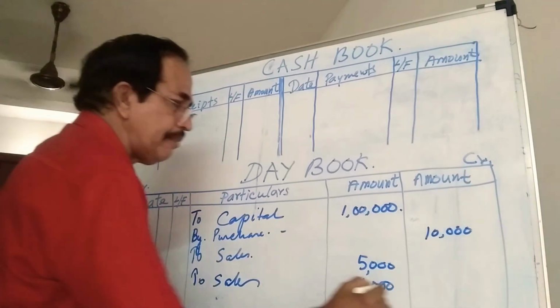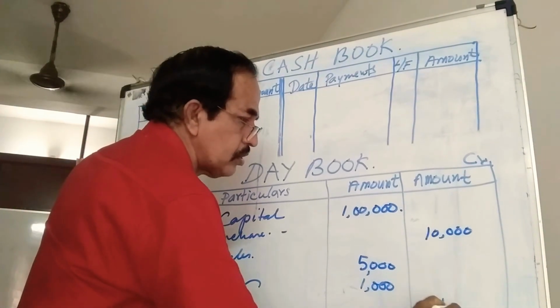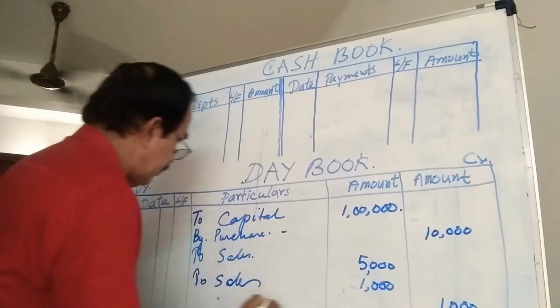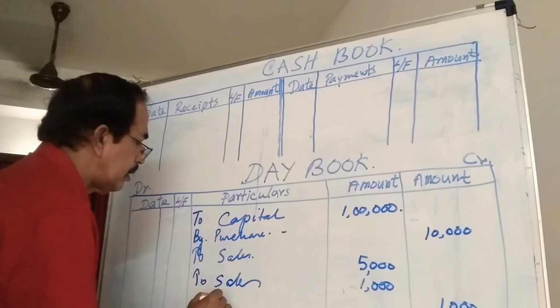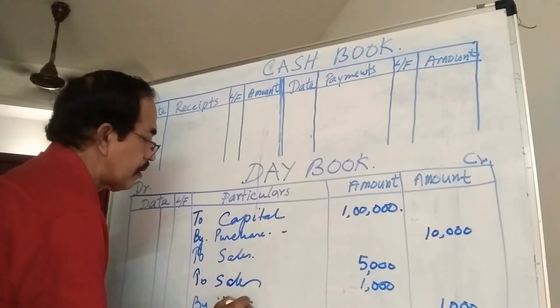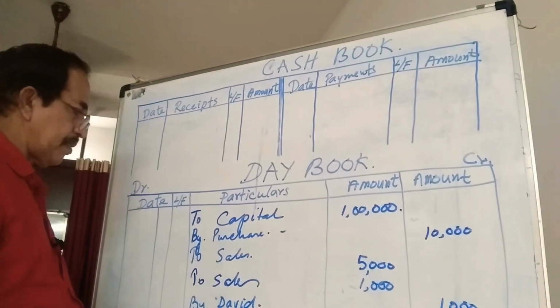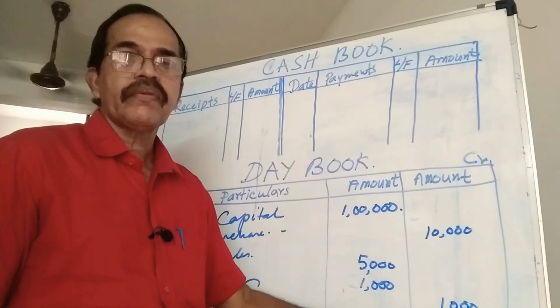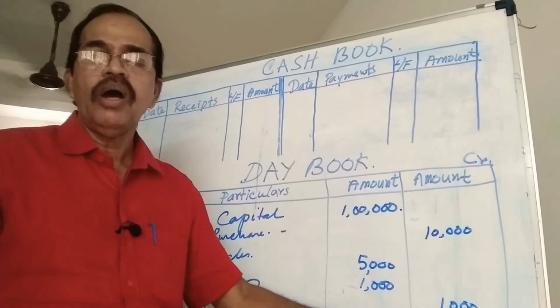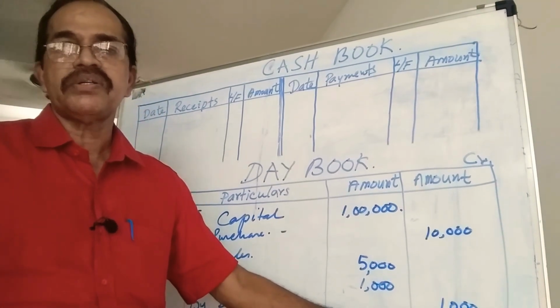So we write the same amount on the other side also. And here we write by the name of the party, by David. Now we can see that the amount 1,000 is written on both sides. That means there is no outflow or inflow of cash.